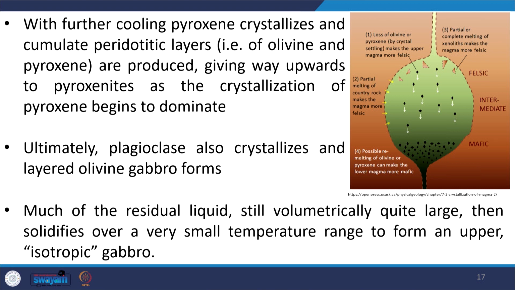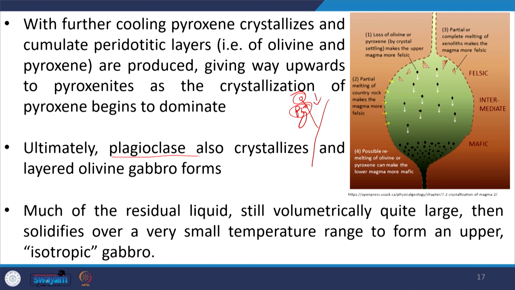So, gradually the olivine, the dunite, is removed, then the next in the Bowen's reaction series after olivine is pyroxene. After the crystallization of the olivine, the pyroxene starts crystallizing because the temperature gradually drops. So, we are getting a layer of pyroxenite there.